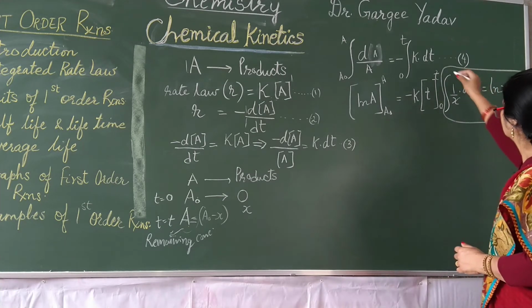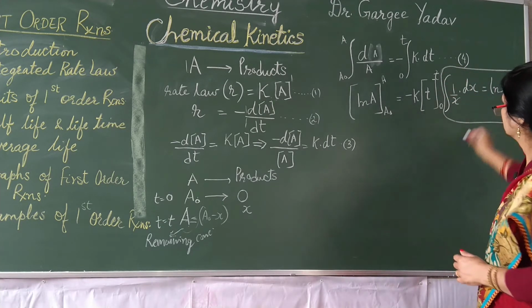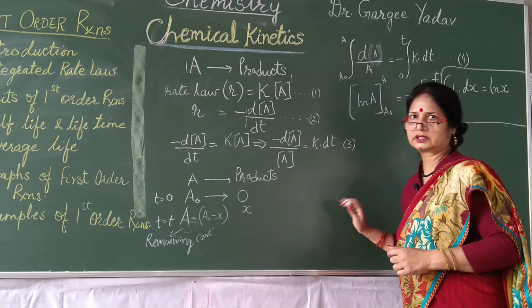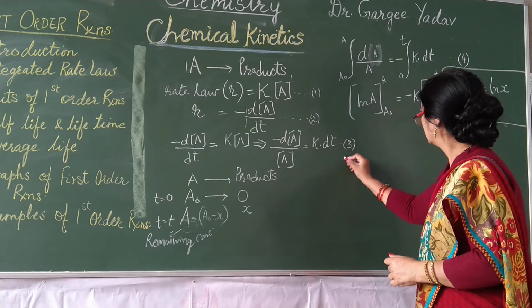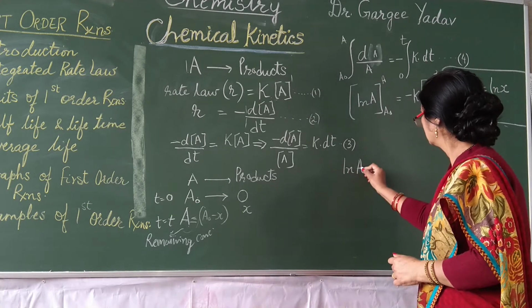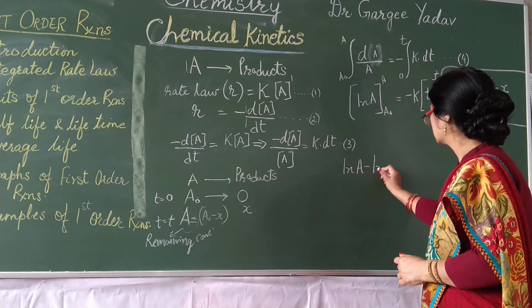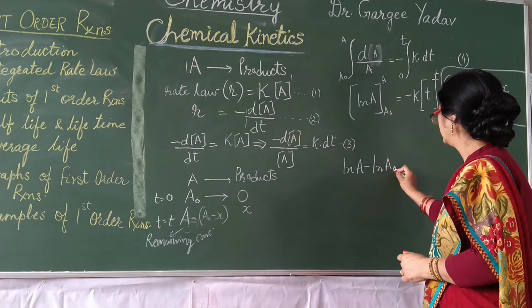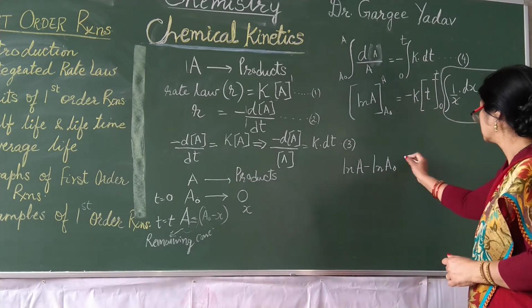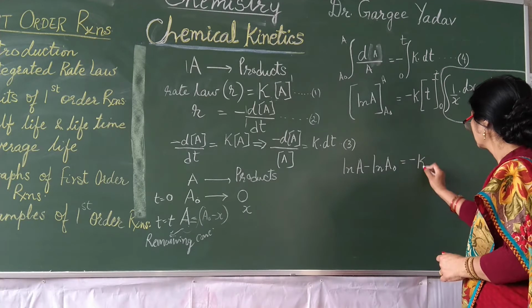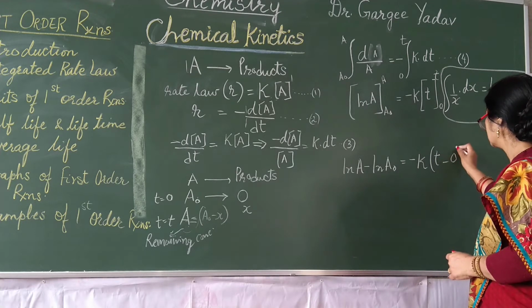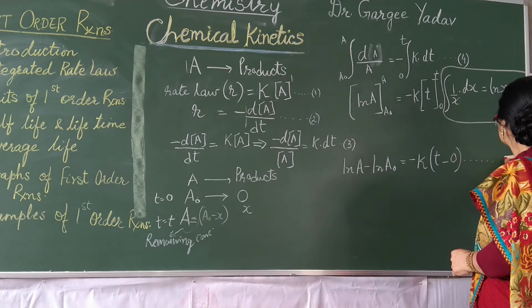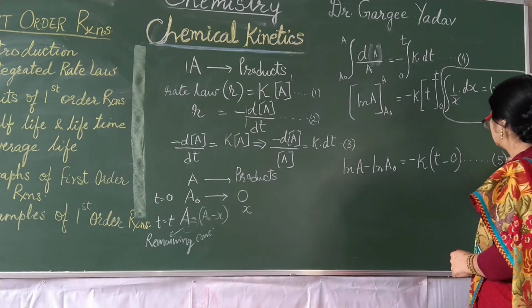Just to segregate it from this equation. Now let's solve this equation. So what we get here is natural log of the upper limit A minus natural log of the lower limit A0, equal to minus K times t, upper limit minus lower limit 0. This is equation number 5.